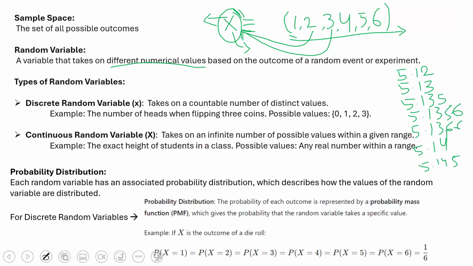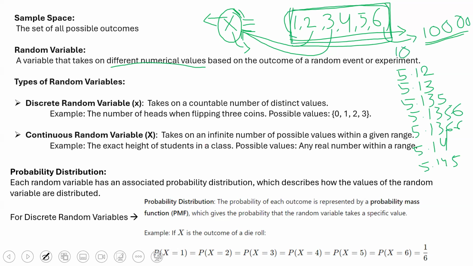Even if you look at this, if you are rolling a dice 1,000 times, you cannot get any output beyond these numbers, right? Even if you roll this dice 10,000 times, you will not get an outcome beyond these numbers.